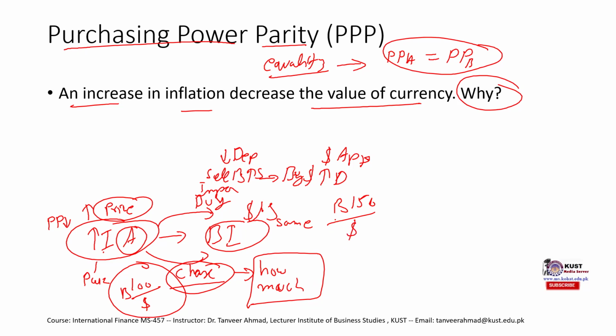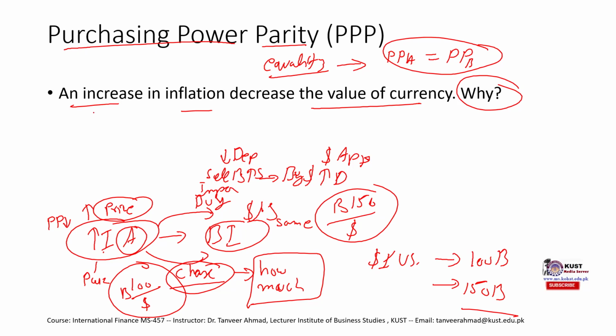Now, if a product cost $1 in the US, previously to buy that $1 product it cost 100 rupees, now the similar $1 product would cost 150 rupees for a Pakistani citizen because of this change in exchange rate.